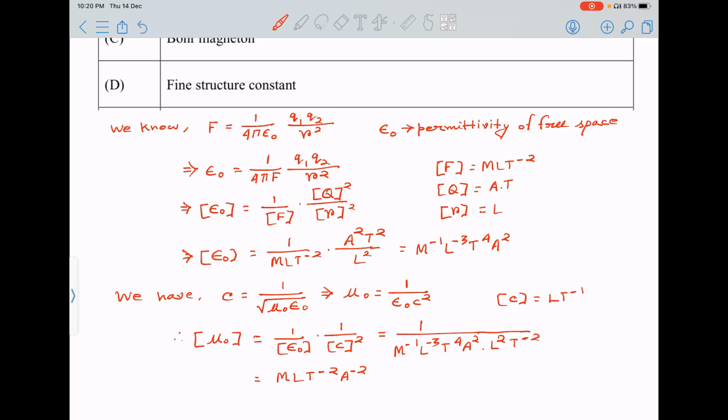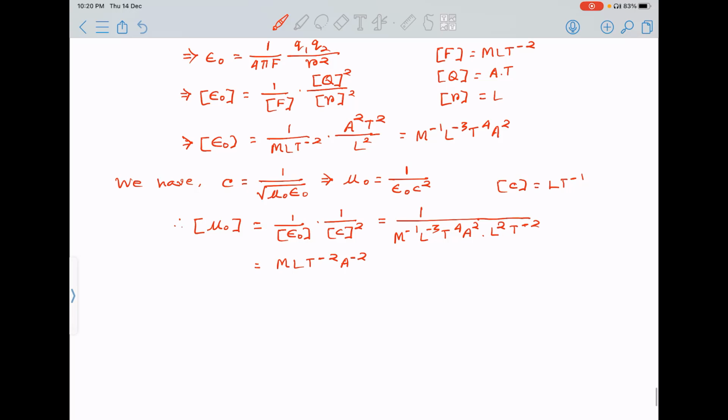The third quantity is the Bohr magneton. Bohr magneton is defined as mu B equals e h cross upon twice m e, where mu B is the Bohr magneton, h cross is the reduced Planck constant, e is the electronic charge, and m e is the mass of an electron.